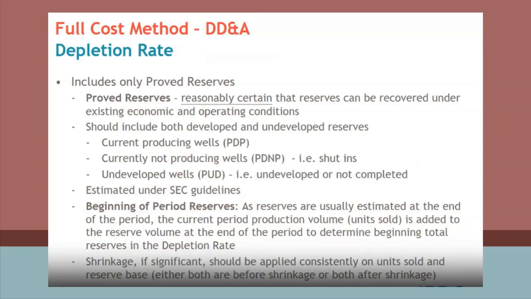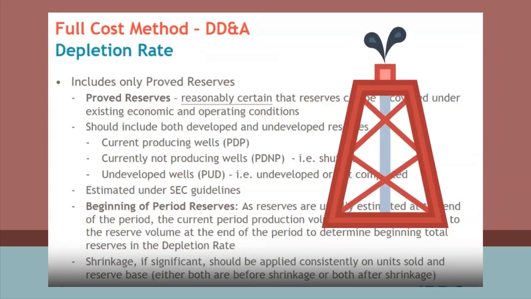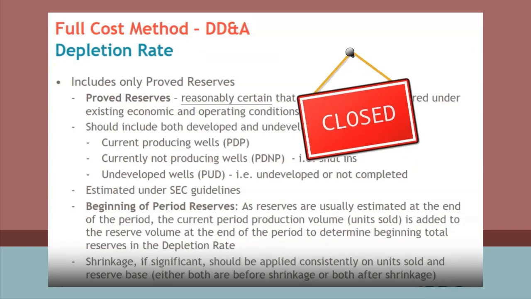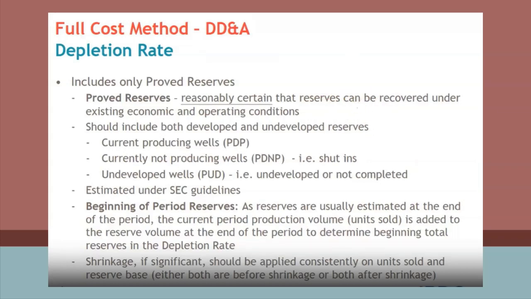Now, you should be including, like I said, both developed and undeveloped reserves. So PDPs that are currently producing, PDNPs that are not producing at the moment, but they have produced before. So maybe they're shut in. Like when everything went nuts in 2020, they shut in some wells to try to save some money and wait for their cash flows to get a little bit better before they produced again out of some of these wells.